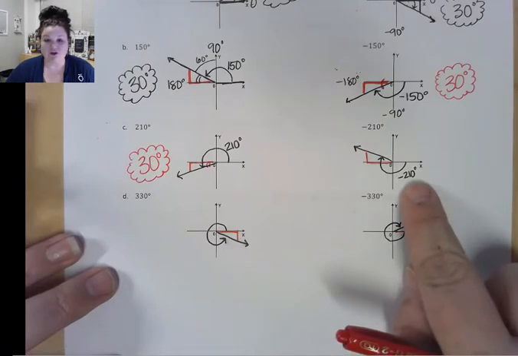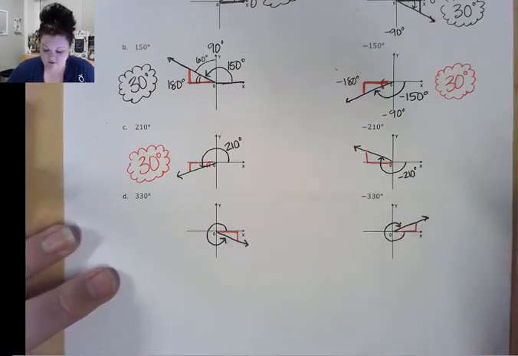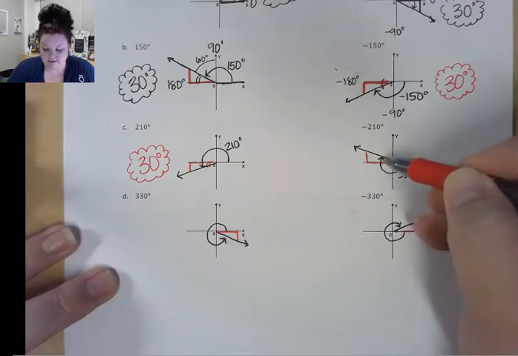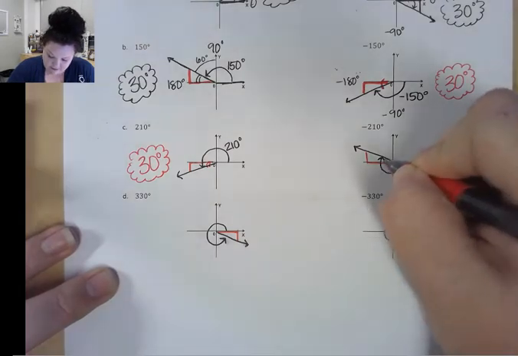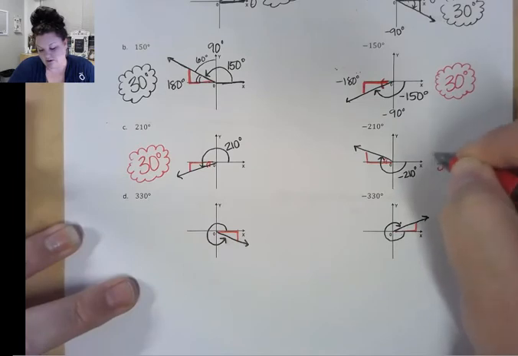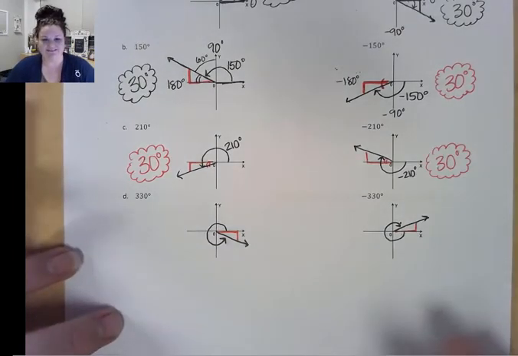When I do 210 in the clockwise position, because it's negative, again, I'm going 30 degrees past 180, but this time it's going to be up in quadrant 3. So again, because I'm 30 degrees past 180, this is also a 30-degree reference triangle. I feel like we're getting a pattern, huh?